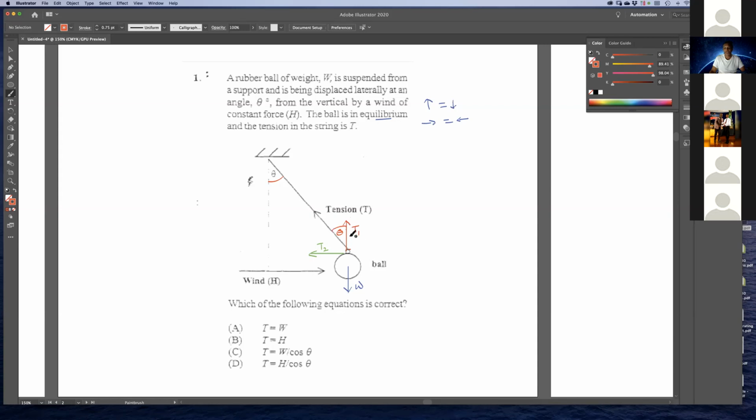And we can see that T1 is on the adjacent side. So immediately we know, since it's on the adjacent side, T1 must be related to the cos of theta. In fact, T1 is equal to T cos theta. And T2, it's on the opposite side, as I taught you. And if T2 is on the opposite side, then T2 would be equal to T sine theta.